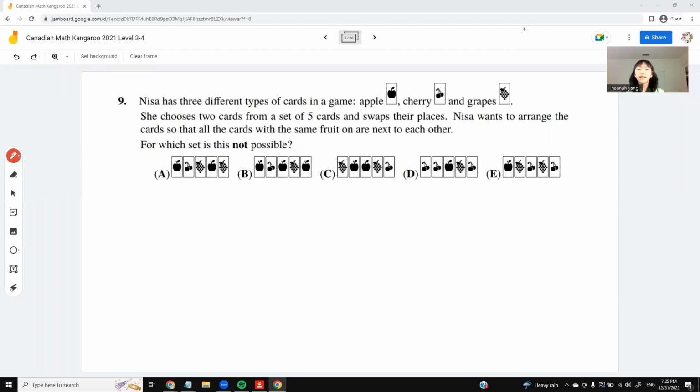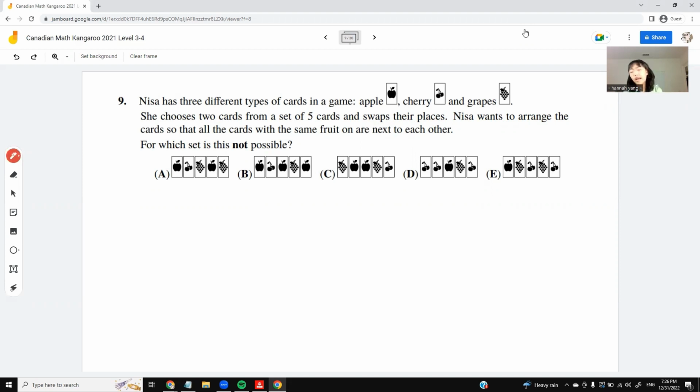Problem number 5. Nisa has 3 different types of cards in the game: apple, cherry, and grapes. She chooses 2 cards from a set of 5 cards and swaps their places. Nisa wants to arrange the cards so that all of the cards with the same fruit on are next to each other. For which set is this not possible?